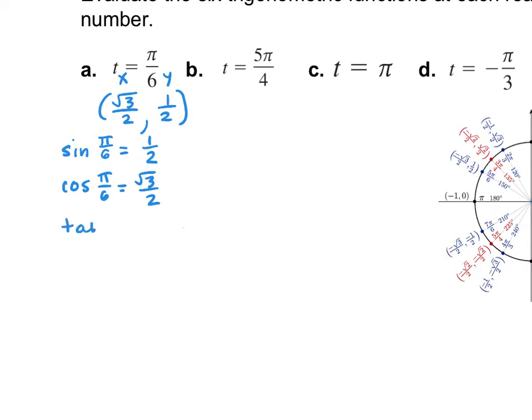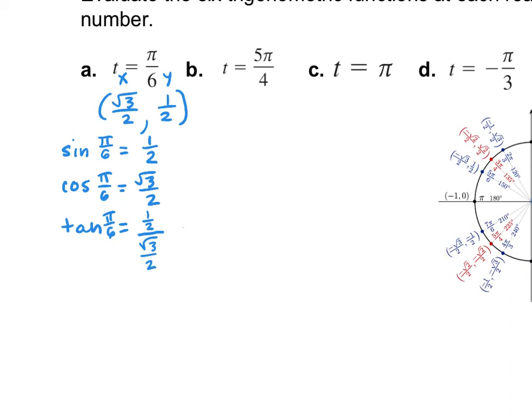Next, we have tangent. What's tangent of t? What's our formula for tan t? Y over x. So we need to take our y, which is 1/2, over our x, which is square root 3 over 2.